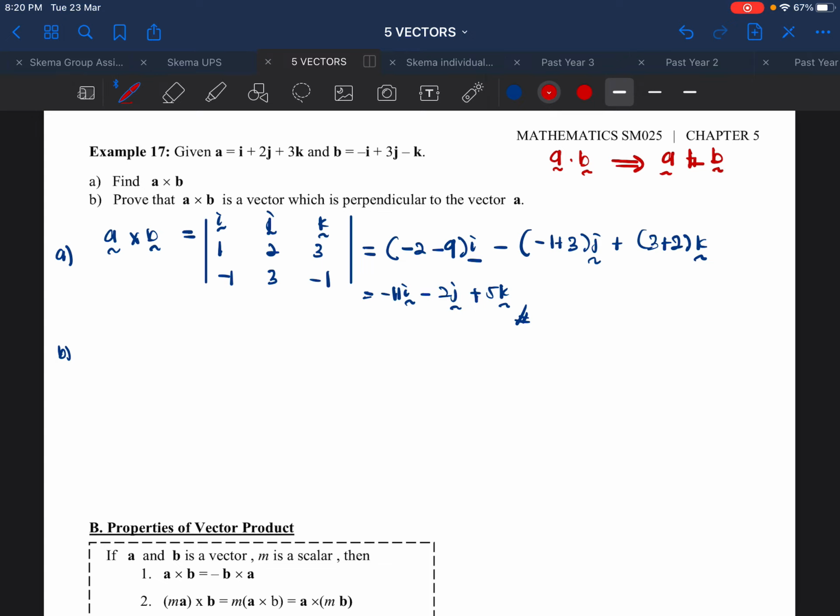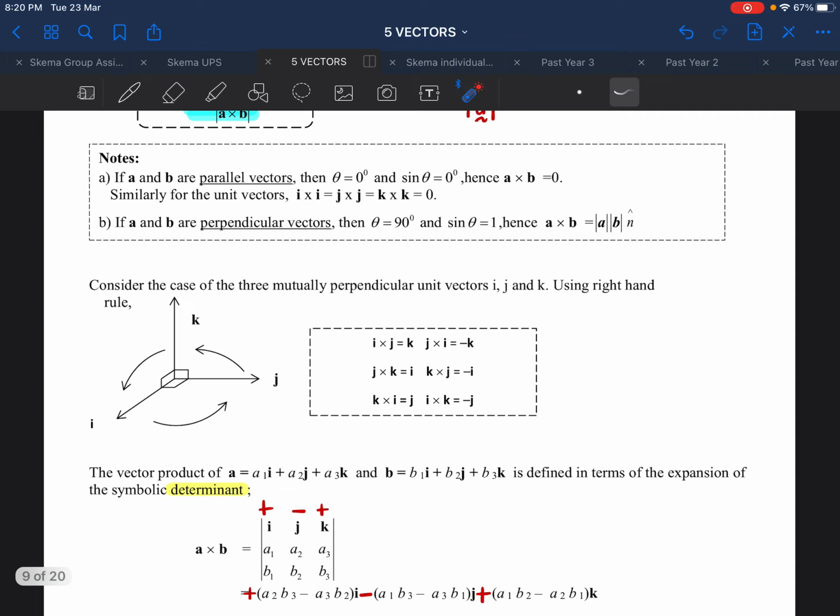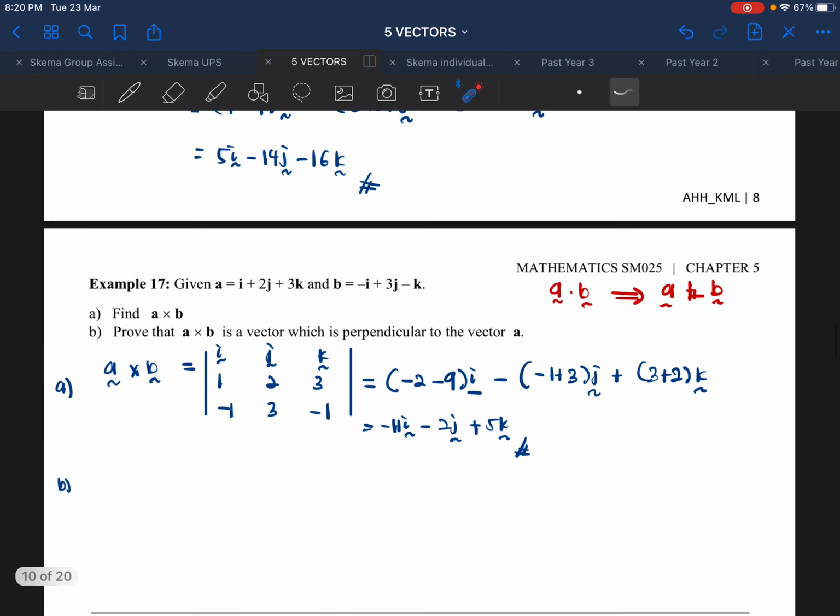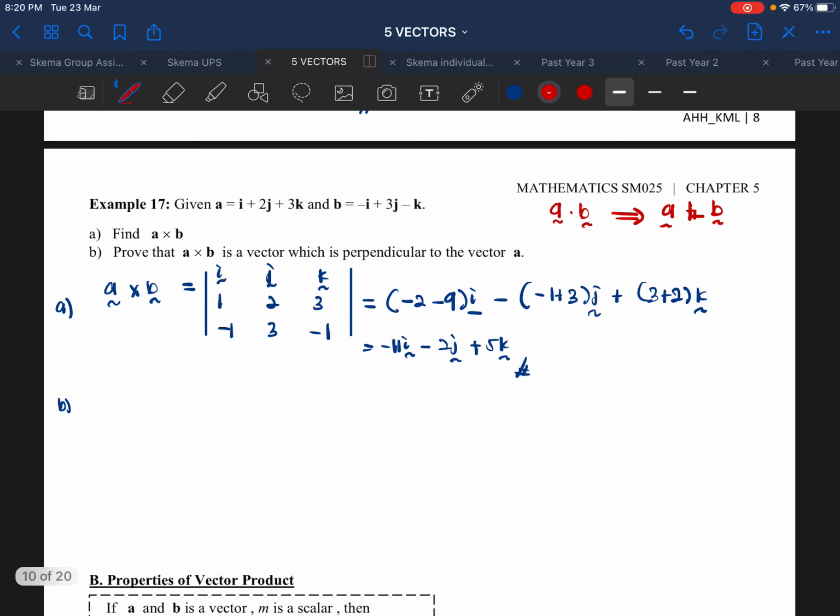Second properties yang kita tahu, kalau A cross B equals to 0, maksudnya A parallel to B. Kalau A dot B equals to 0, A is perpendicular to B. Kalau A cross B equals to 0, maksudnya A pula akan parallel to B.